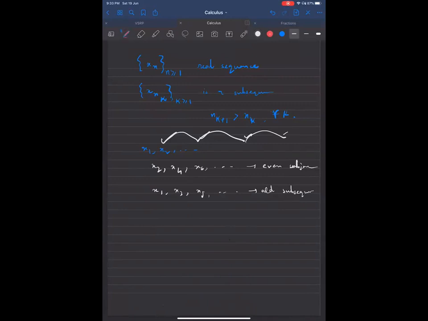So there is a theorem which states that if xn is convergent, that implies any subsequence of xn is convergent.